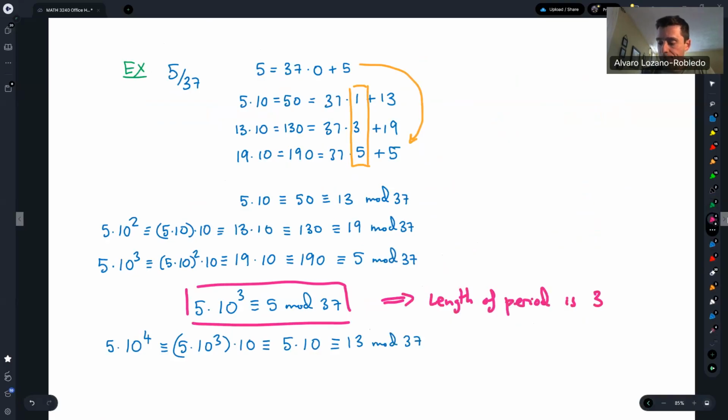is 3. So what happens with 1/17? Why was the length of the period so long? By the way, this happens because you see that 5 times 10 cubed, or really 5 times 10 to the n, will be congruent to 5 modulo 37.